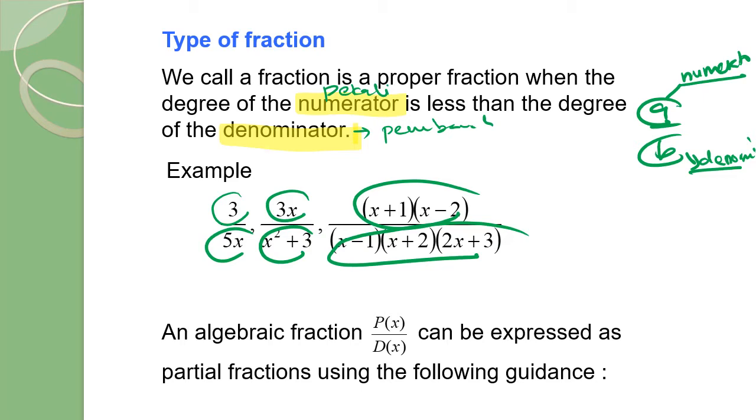So what we've learned in lectures 1, 2, 3, we know the polynomial can be divided by a divisor, and we will have a quotient and remainder, right? So if we want to find the partial fractions of one single fraction, we have to follow these steps.